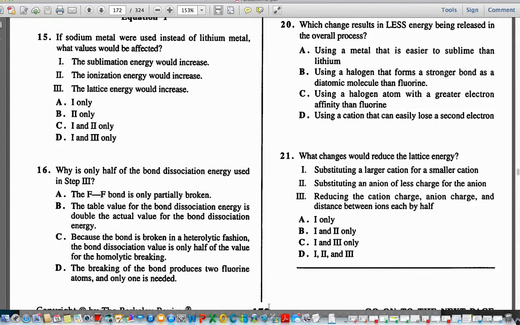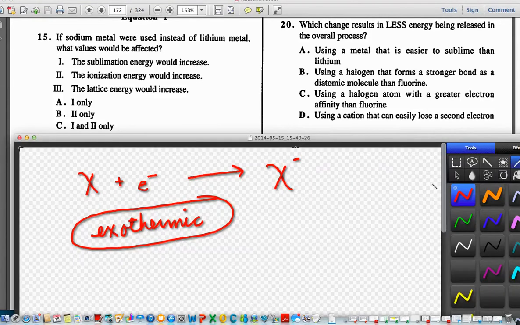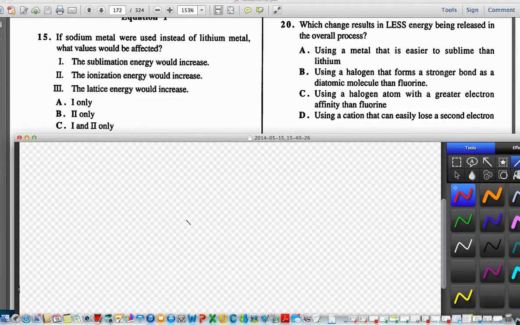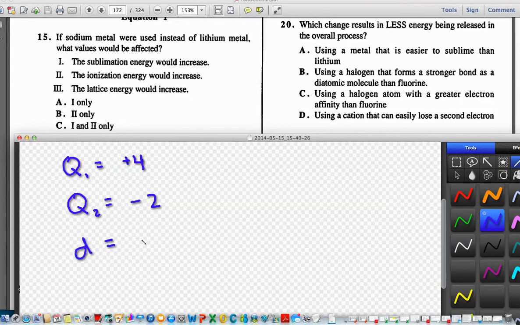Coulomb's law is what governs this process. So let's just imagine for a moment that we have a charge of +4 and -2 and a distance of, let's say 16. So we're going to reduce all of these by a factor of 2.